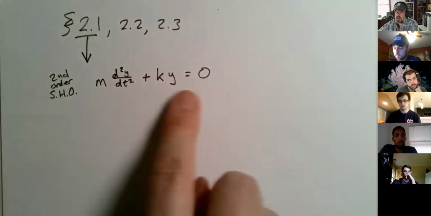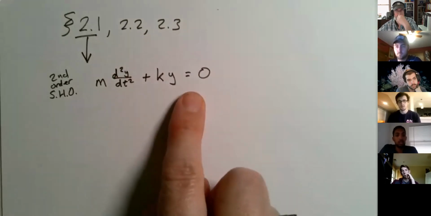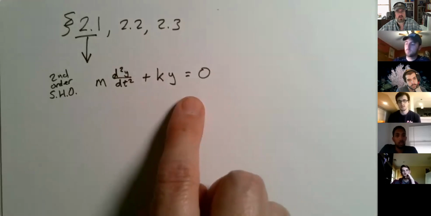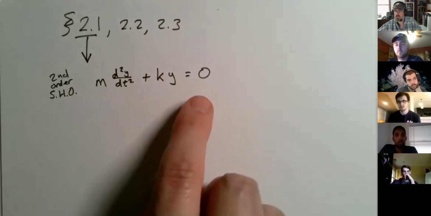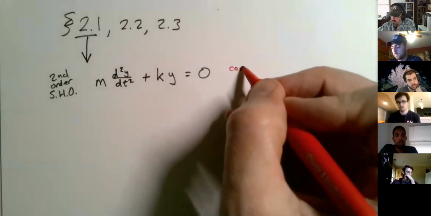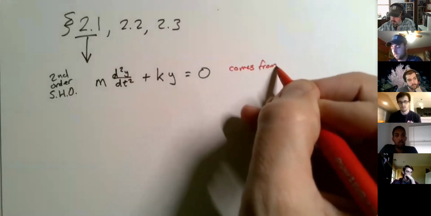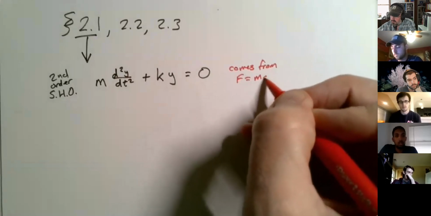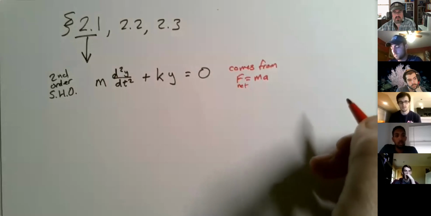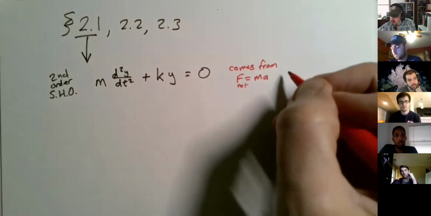And this, by the way, comes from the second part video for section 2.1. That was me building this equation, and I built it based on Newton's second law, F equals ma. The net force on an object is equal to its mass times its acceleration.